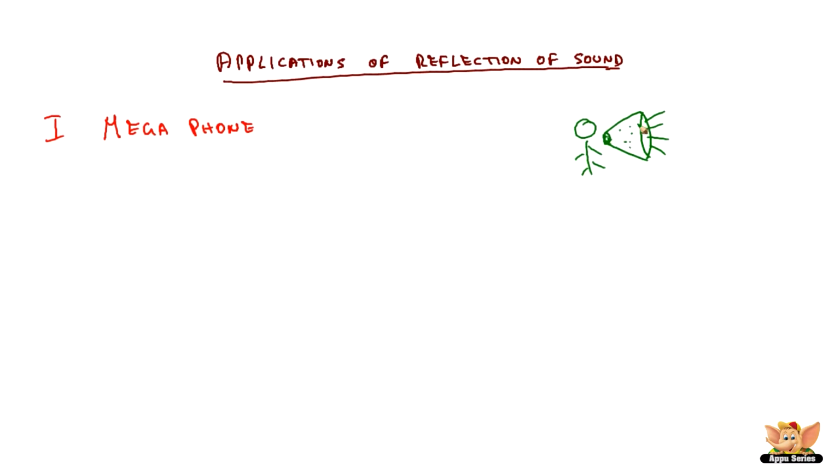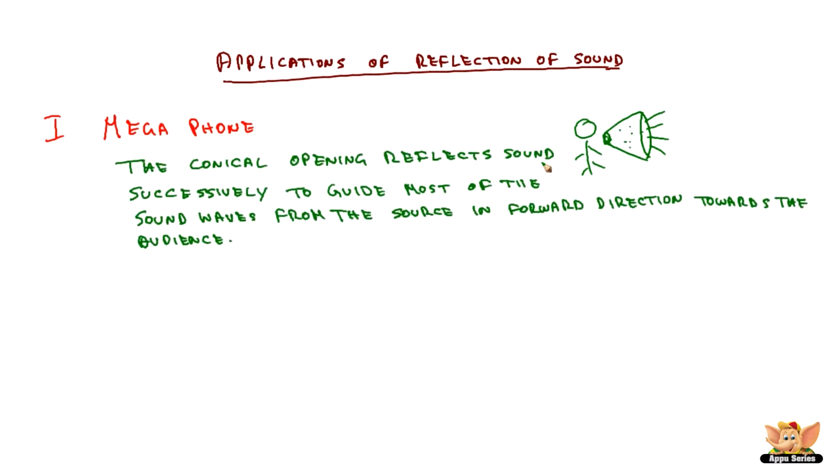That is the reason why the megaphone is used. The conical opening reflects the sound successively to guide most of the sound waves from the source in the forward direction, towards the audience. It doesn't come back, so this multiple reflection helps in reaching the audience in a much better way.